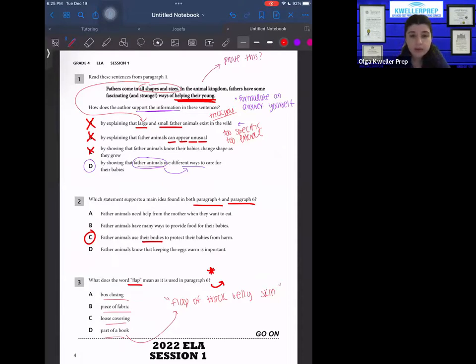So box closing of thick belly skin does not make sense. Piece of fabric of thick belly skin is better, but still kind of awkward because how can thick belly skin also be a piece of fabric? Loose covering of thick belly skin, that makes sense because he's covering the babies with thick belly skin. So the best answer here is choice C.